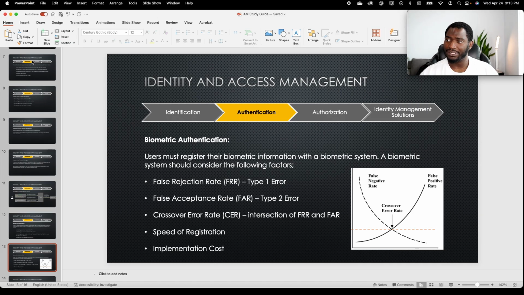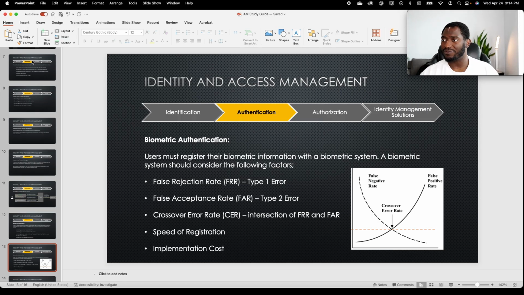Depending on the organization, you may want to increase this intersection point or you may want to reduce this intersection point. It's really up to the resource that's being protected. Other factors that need to be considered is going to be the speed of registration of this biometric system. You don't want a biometric system that takes too long to authenticate.